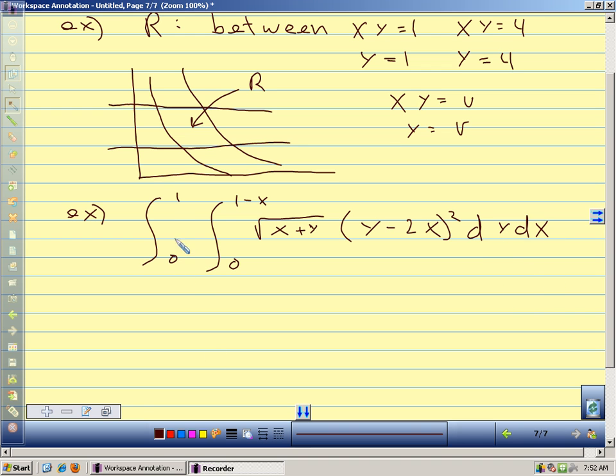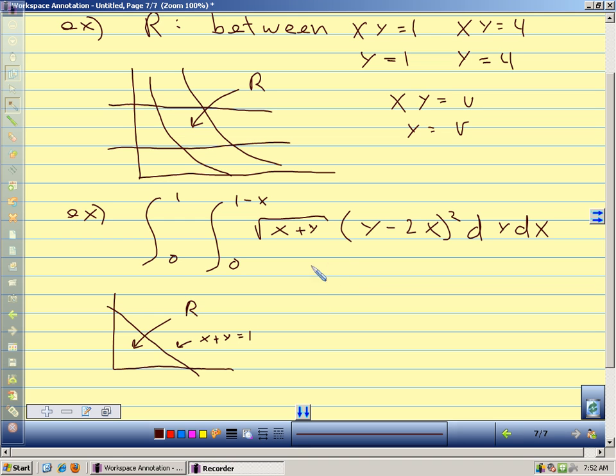Our region in this particular integral is fairly straightforward. Our region is here, bounded by x plus y equals 1. So our region is easy, but the integrand is difficult. This would be a very difficult integral to try to perform.